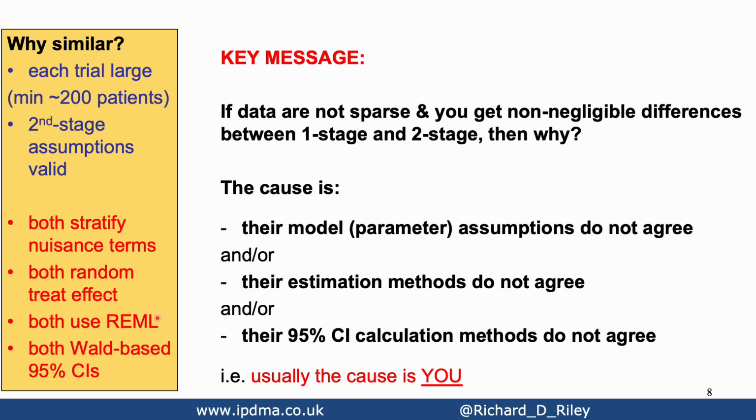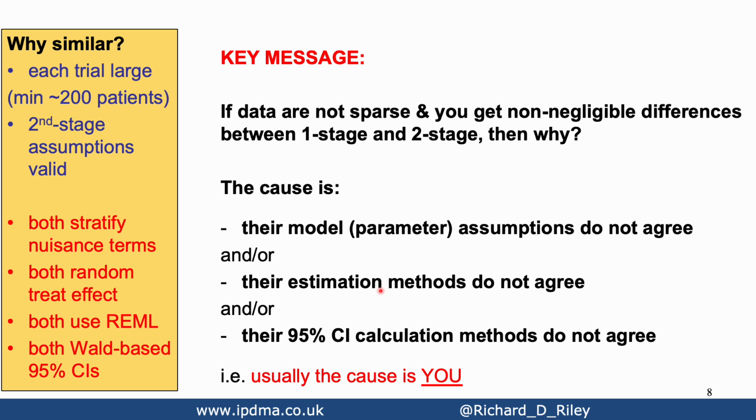So you may be saying that one stage models are not accounting for clustering, or some terms in there that you're not stratifying by study, but in the two stage you do. So the compatibility of those two approaches is not the same because you're not forcing them to have the same assumptions. Maybe you're using different estimation methods.